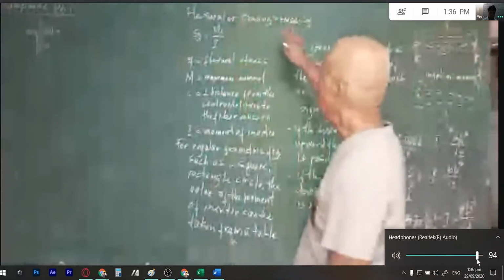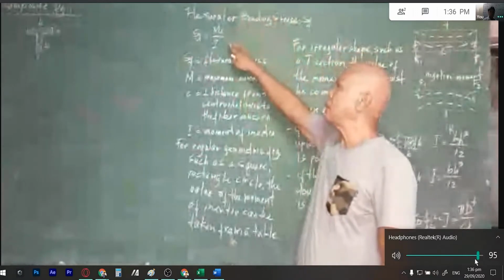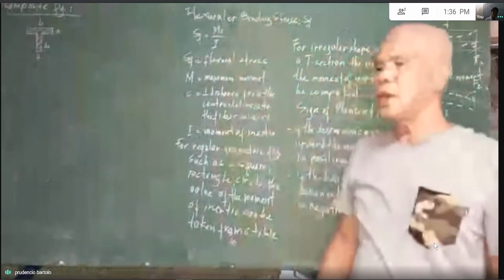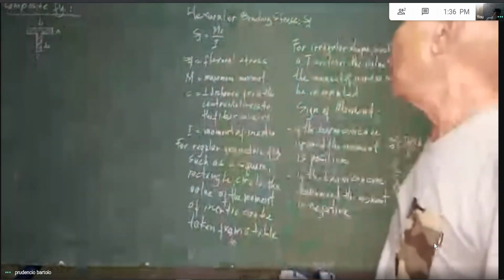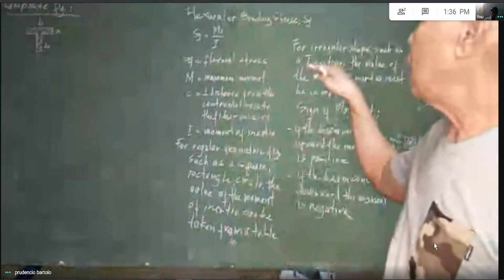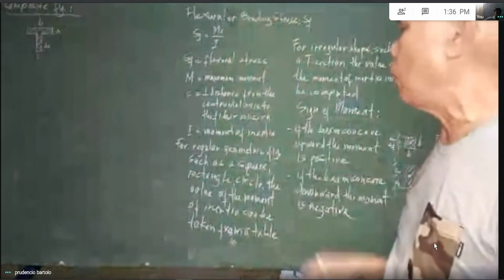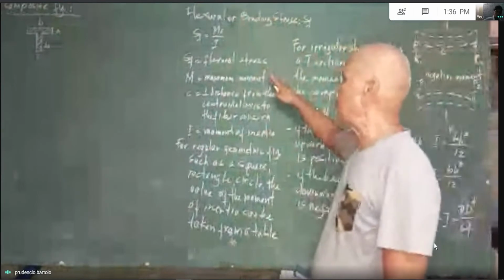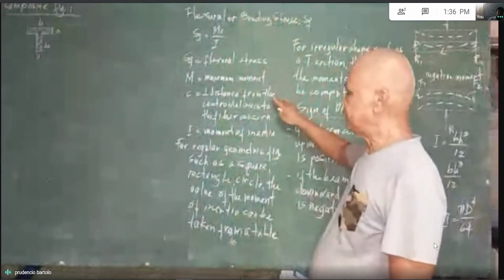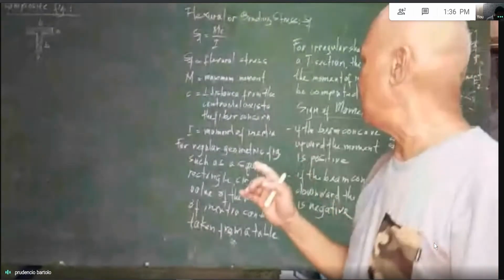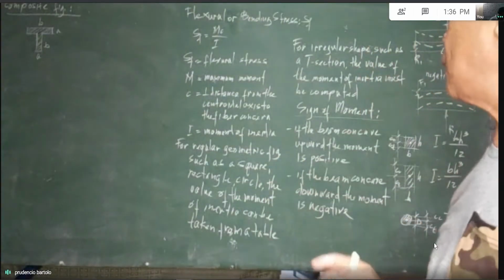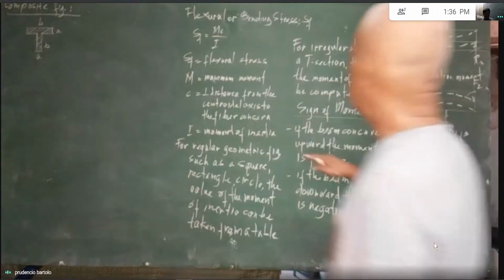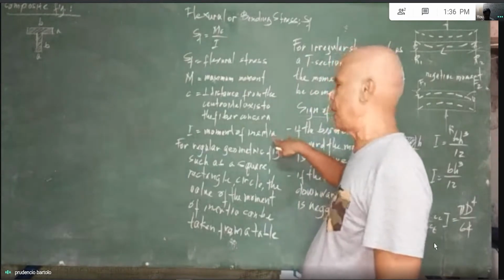The general form of the equation we are going to consider is SF is equal to MC over I, where SF is the flexural stress or the bending stress, M is the maximum moment, and C is the perpendicular distance from the centroidal axis to the fiber concerned. I is the moment of inertia.